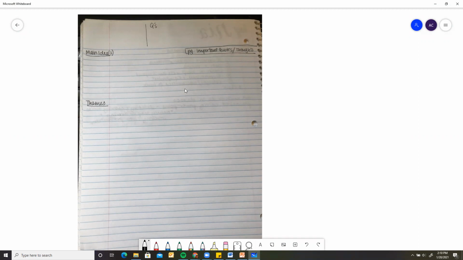Over here on the left, we have main ideas. So I'm gonna go ahead and write in what we found out. Montresor is getting revenge on Fortunato. Okay, next we have our themes.